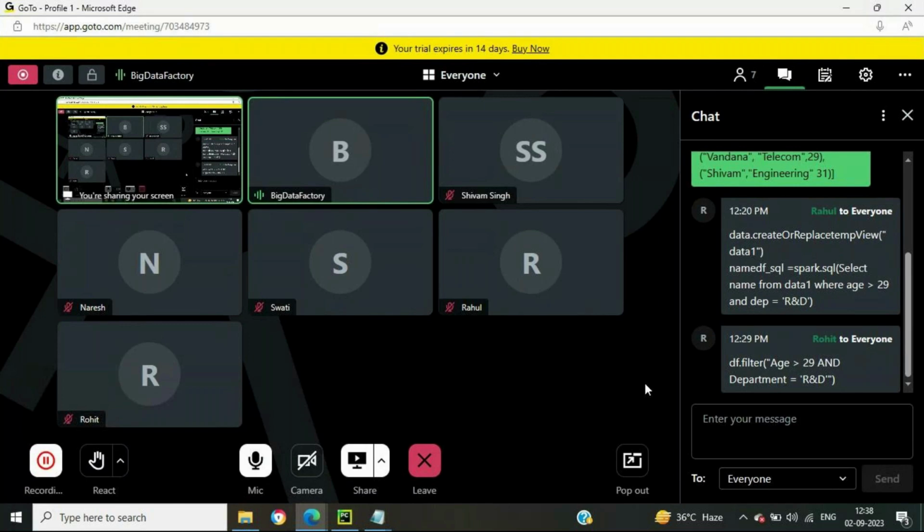Basically, we have gone through a lot of stuff from the Spark side, but unless we leverage those things, they will not be clear. So that assignment will give you an insight and good confidence.